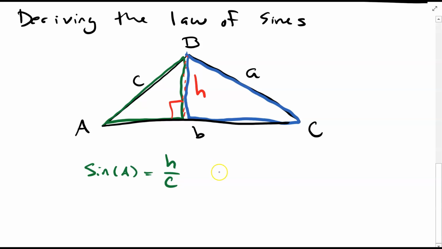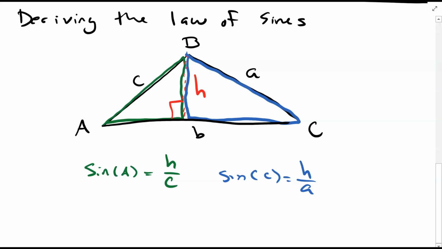And for the blue triangle, I can say that sine C is going to equal opposite over hypotenuse. Everybody agree with that? I can use SOHCAHTOA here because I divided this triangle into right triangles. That's why it was all of a sudden okay for me to use SOHCAHTOA.